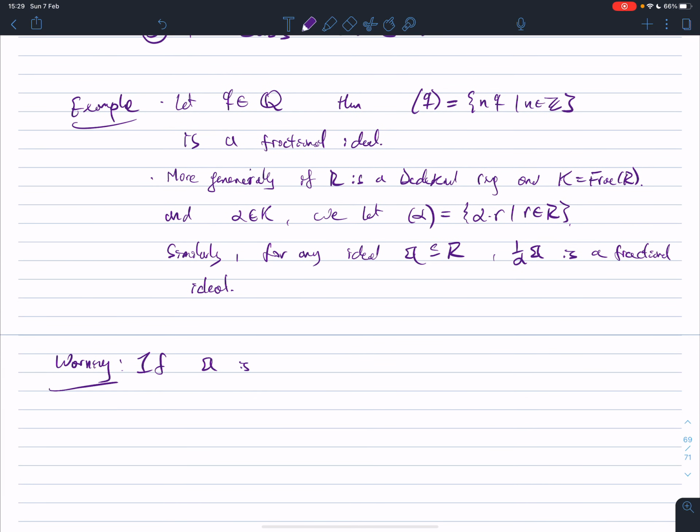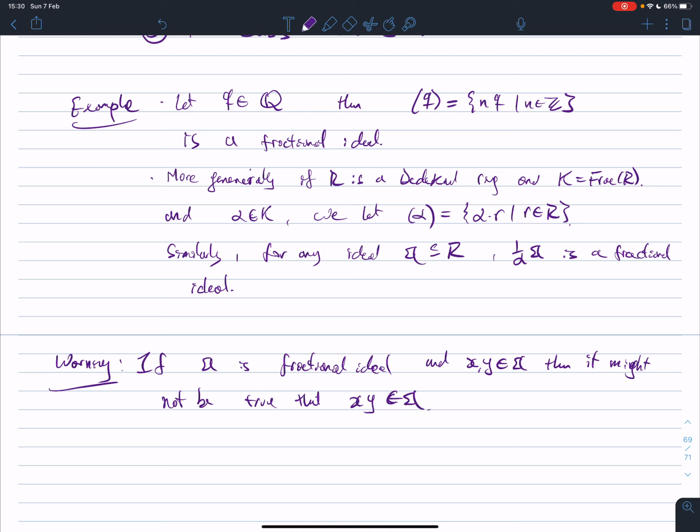If A is a fractional ideal and you have two elements x and y in there, then it might not be true that x times y is contained in your fractional ideal A. So this is maybe different from what happens with ideals. Okay, great.